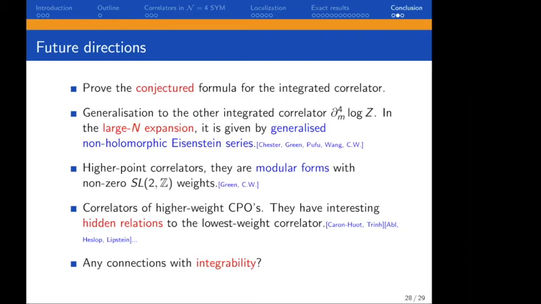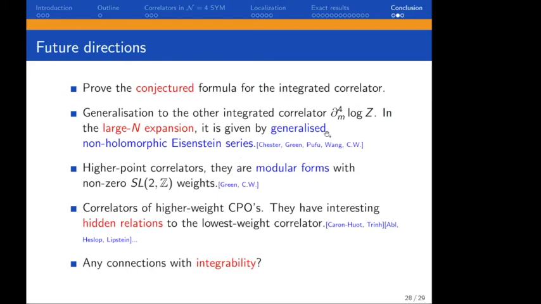So whatever the final result is, it should reproduce this large N expansion. Said another way, this large N expansion result may give hints of what it should be at finite N.